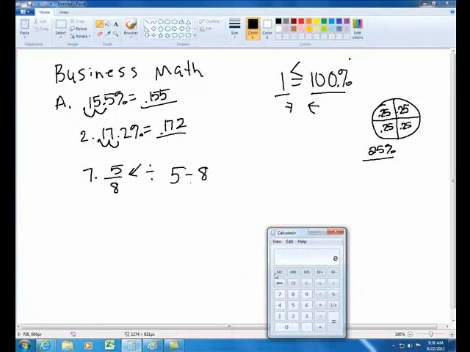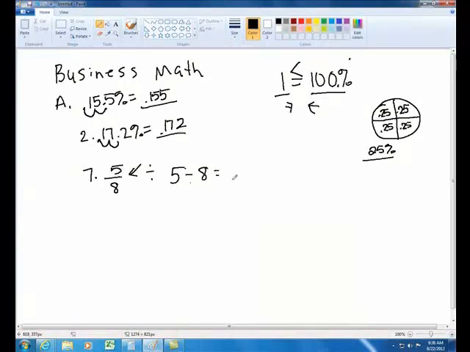So let me pull up my calculator. And 5 divided by 8 equals 0.625.